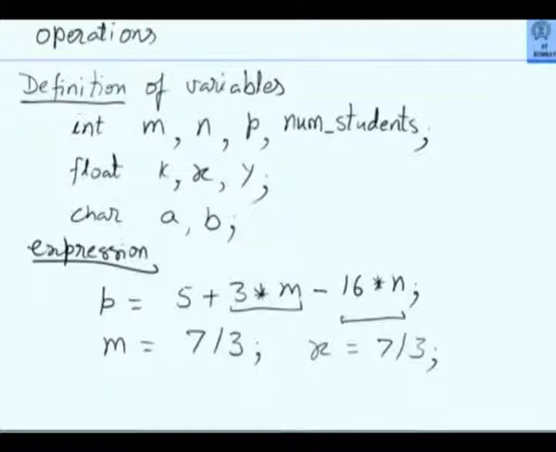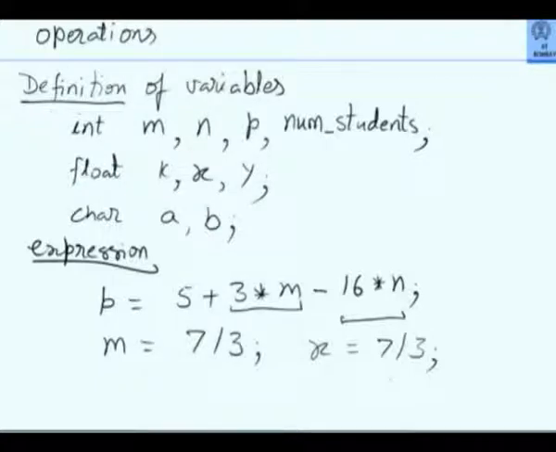When the expression is evaluated, C++ does not look at the left hand side at all of the assignment operation. Expression is first evaluated, independent of what it is assigned to. It may be assigned to anything in the world, but it doesn't matter. C++ looks only like a blinkered horse, which looks only at the street. It looks at expression. So what is this expression? X is equal to 7 by 3. Expression is 7 by 3.